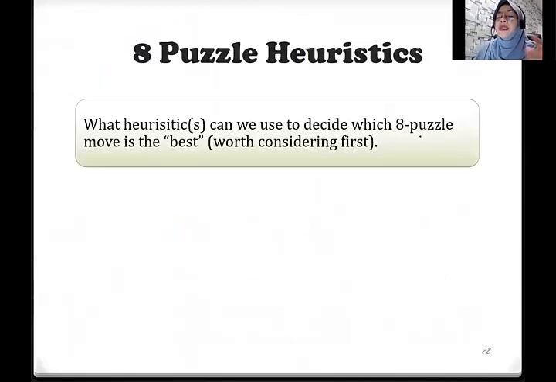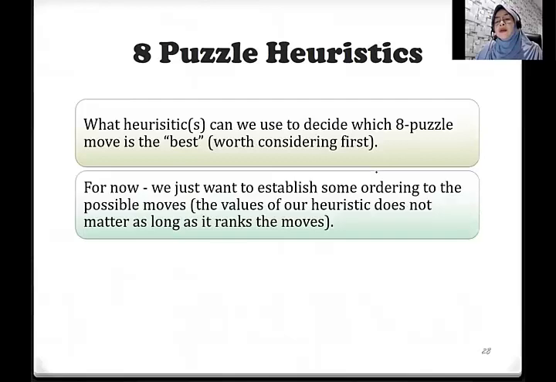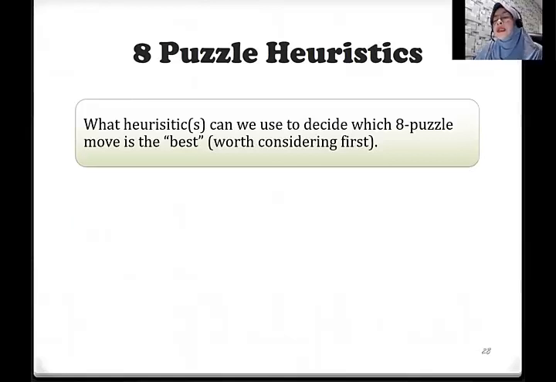What heuristic can we use to decide which 8 puzzle move is the best, or worst, to consider first?